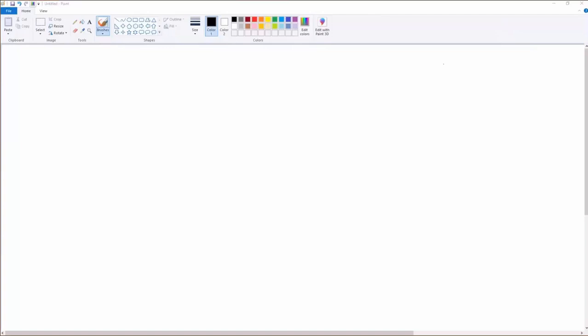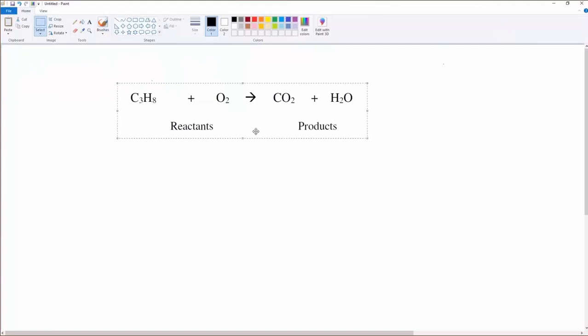So let's start by looking at this sample chemical reaction right here. In the chemical reaction, we have reactants on the left-hand side of this equation and a little arrow to show where they are going to, where they're forming. And then we have products on the right-hand side of the equation.